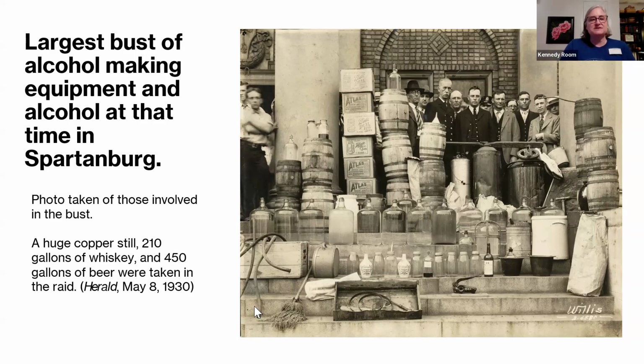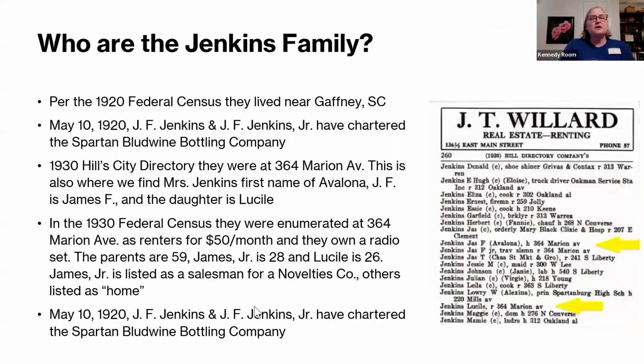Well, this got me interested in, well, who were the Jenkins family? A little research about them. I did find them in the 1920 federal census. They lived near Gaffney, South Carolina, which used to be in Spartanburg, but by then was in Cherokee County.